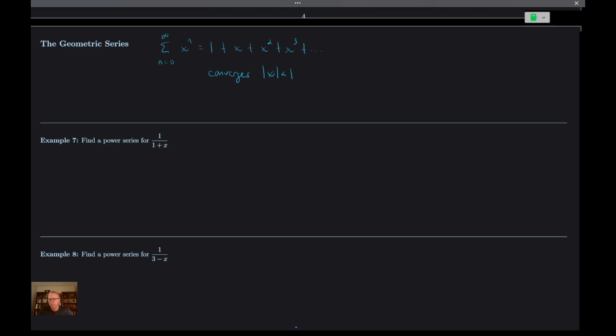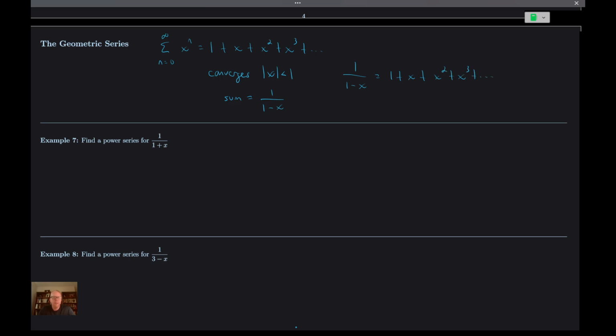And we also know from previous videos that the sum of this will be 1 over 1 minus x whenever this is true. So this tells us that since the sum of this series is 1 over 1 minus x, we could say 1 over 1 minus x equals 1 plus x plus x squared plus x cubed, and so on.